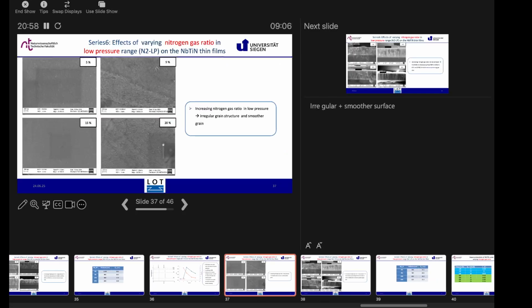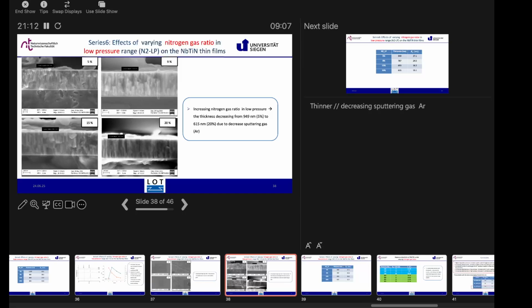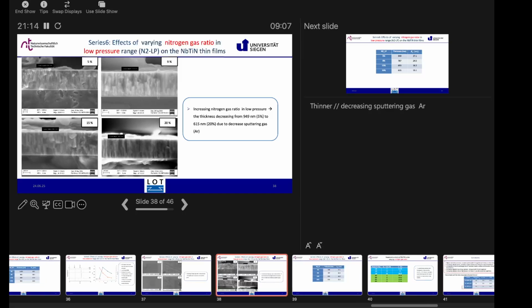For surface analysis, because it is low pressure, we got an irregular shape with a smoother shape. With increased nitrogen gas ratio in low pressure, it is still an irregular shape but with a smoother surface, smoother grain, sorry. For the cross-section analysis, we still got all columnar structure, but with increasing nitrogen gas ratio in low pressure the thickness is thinner, or decreasing.